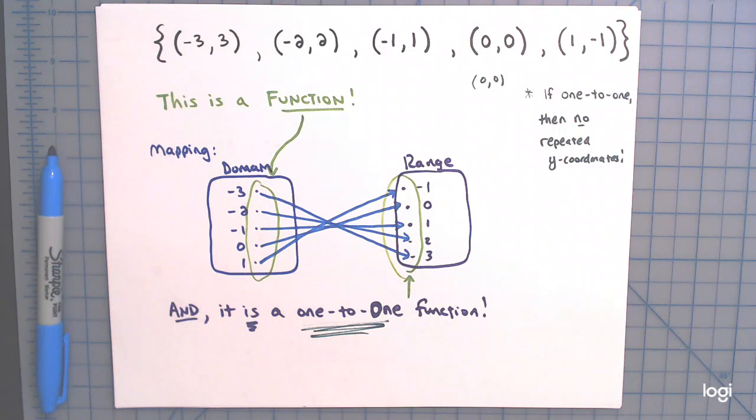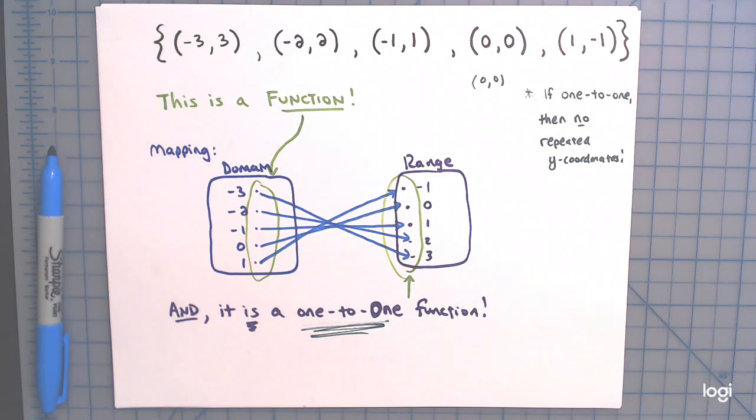The vertical line test was to determine if a graph was the graph of a function. If every vertical line hit the graph at most once, then you had a graph of a function. Every x value, every domain value corresponded to one range value only, one output. Well, this is just the other way around.